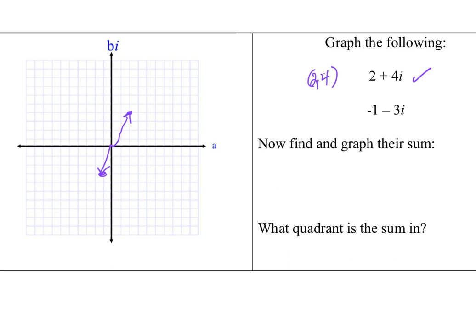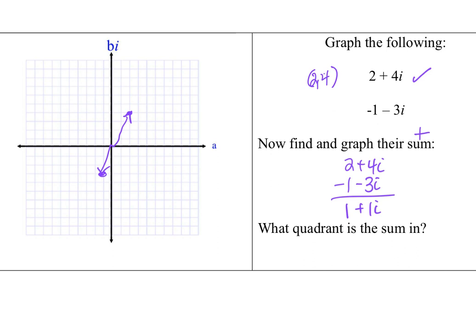So the sum of these is 2 plus negative 1, and remember sum means add, so 1 plus 1i. Let's change the color a little.